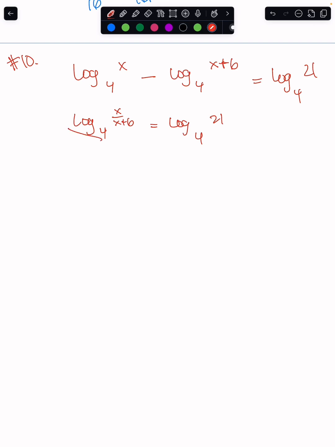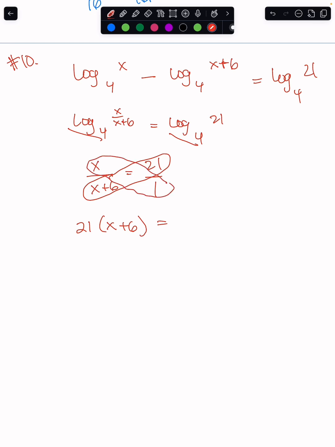If these are the same, I mean, you should have it by now. This should equal this. And we got to cross multiply to get these fractions off. So 21 times x plus 6 is going to be equal to x. That makes this 21x.